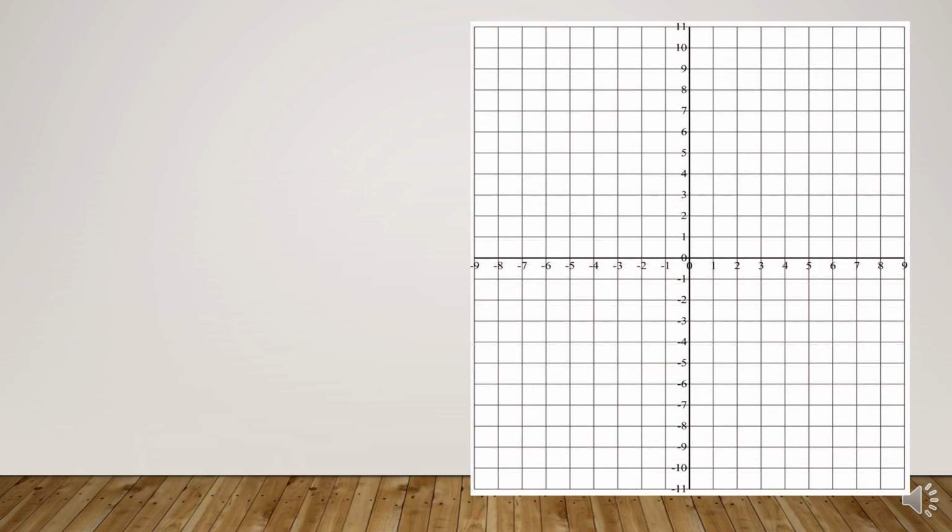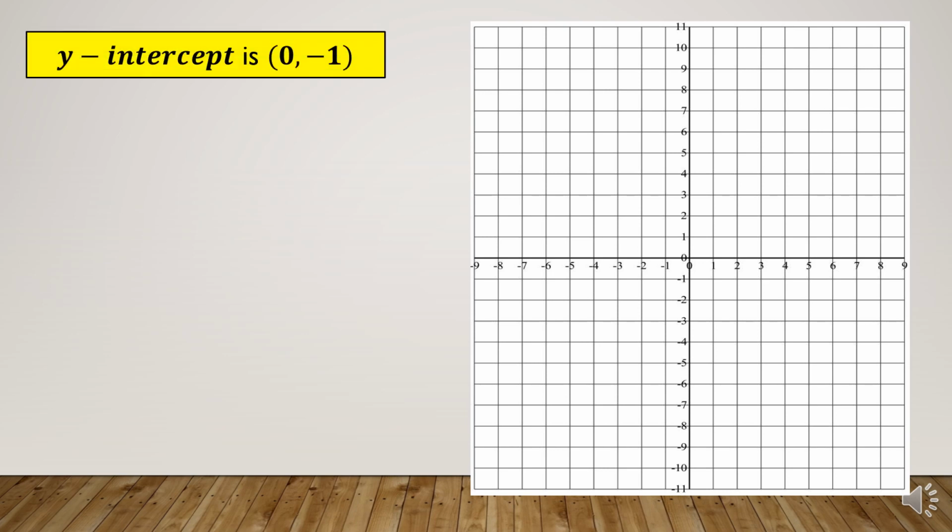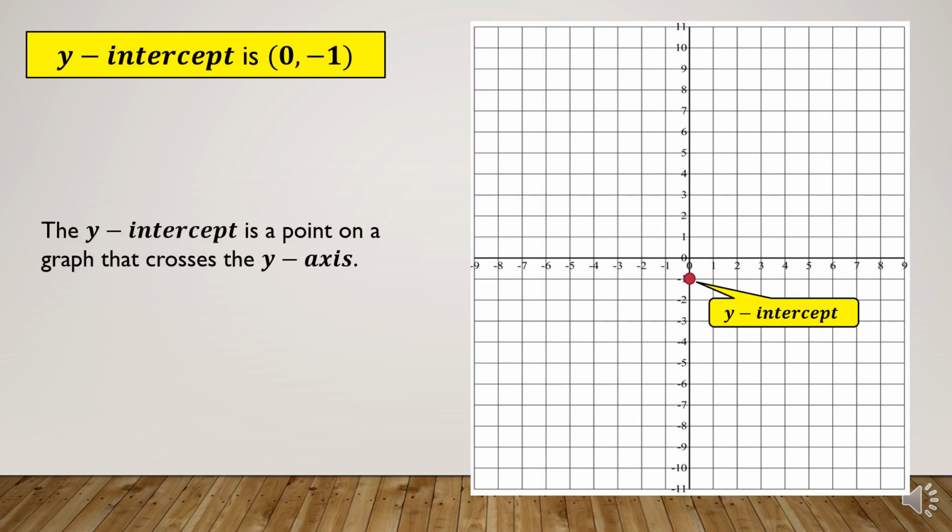Let us now plot the intercepts that we have obtained. The y-intercept has coordinates 0 and negative 1. In plotting this point, you have observed that the point is on the y-axis. So this is the y-intercept, because the y-intercept is a point on the graph that crosses the y-axis.